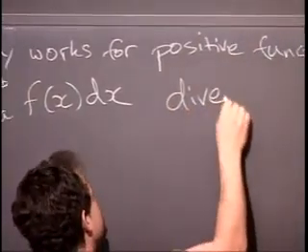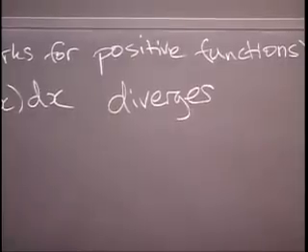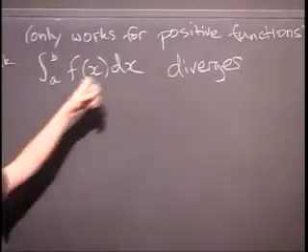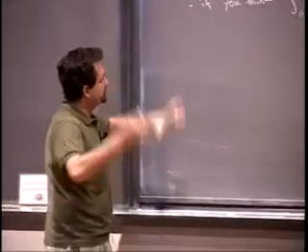Diverges meaning infinity in this case; you cannot have oscillations because everything is positive. So the only way it could diverge is up to infinity, since f is positive.